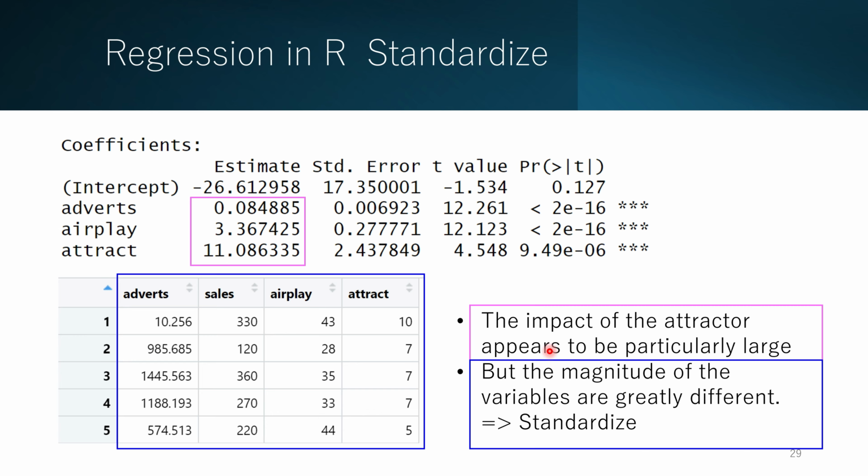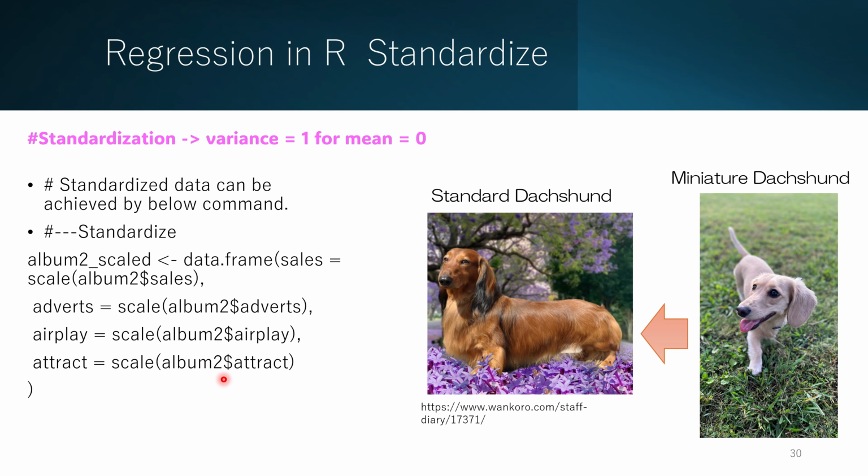That way, each coefficient represents the effect of one standard deviation change, which makes size directly comparable. In this case, attract looks like the bigger impact, but the scale of attract is small and sales is big, so we need to standardize. And standardized data is here.